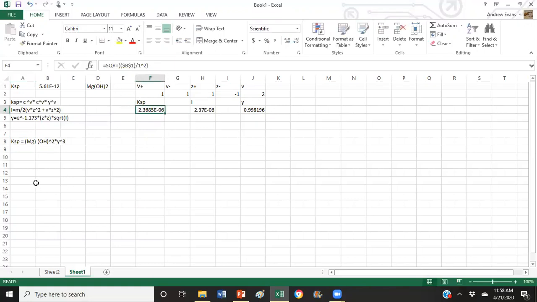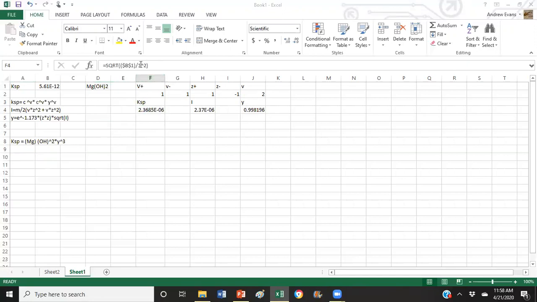So let's look at that. And because we're going to assume the hydroxide is just double the concentration of that of the magnesium, we're going to say that this is X and 2X.